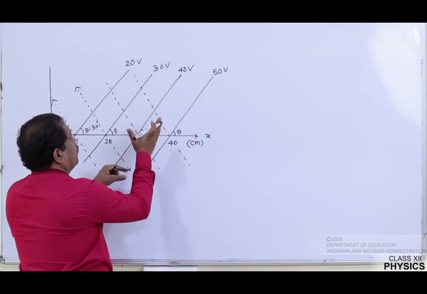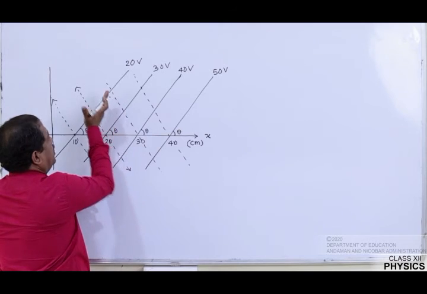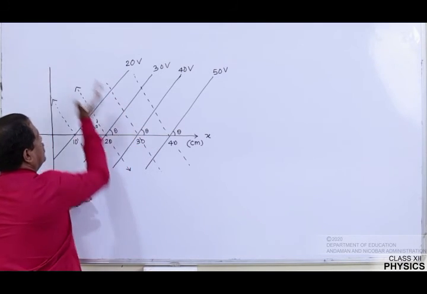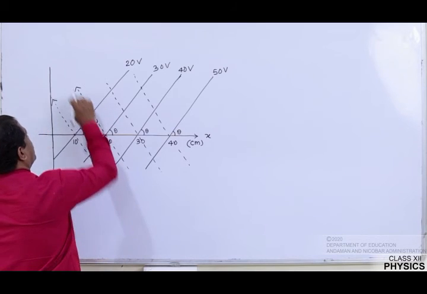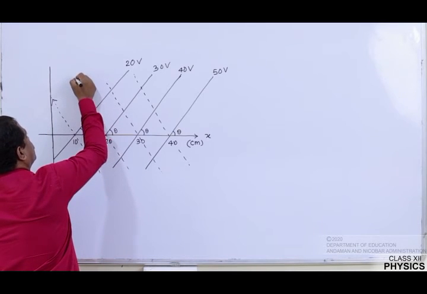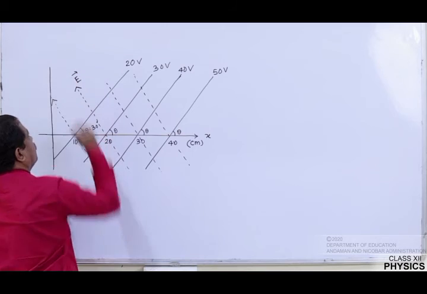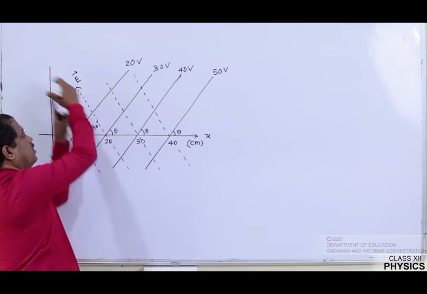So 50, 40, 30, 20. This way the potential is decreasing, so this is not the correct direction of the electric field. The correct direction is this one, along the direction of decreasing potential.